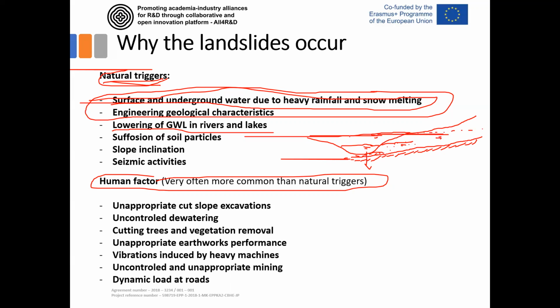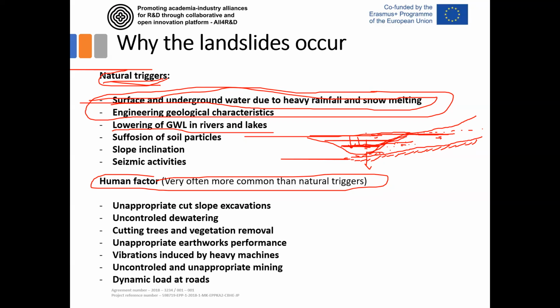And what happens when we have a lowering of this water level from this point to this point? Then the water level in the river drops down, but the water level in the soil material cannot drop down immediately, especially if you have some clay material inside. So then you have the water level in the slope like this. And that is actually a critical moment.